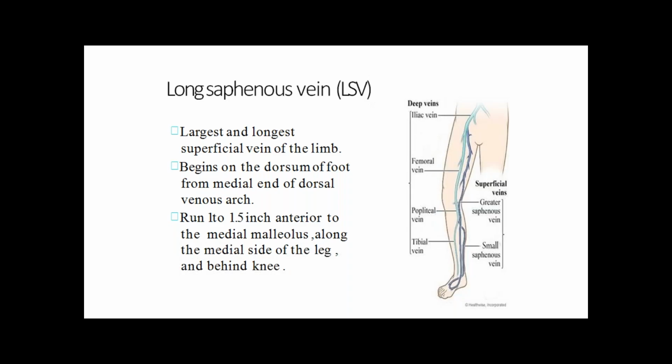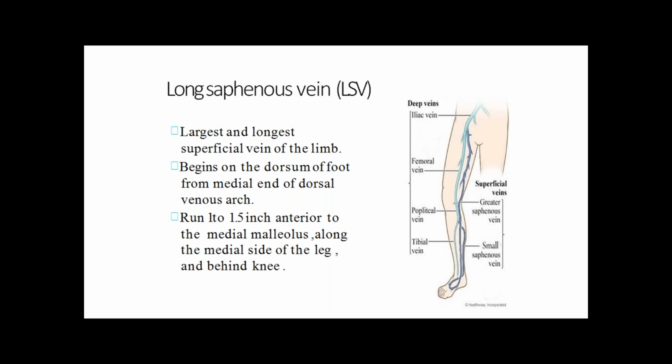It runs 1 to 1.5 inch anterior to the medial malleolus, and this anatomical location of the long saphenous vein is important for undergraduate students, as it helps in venesection.